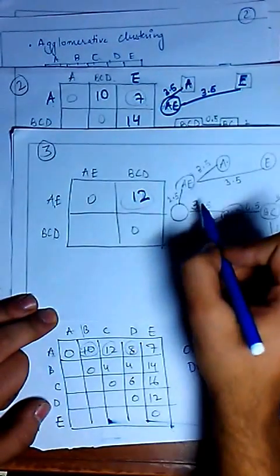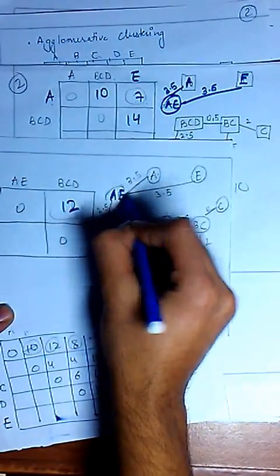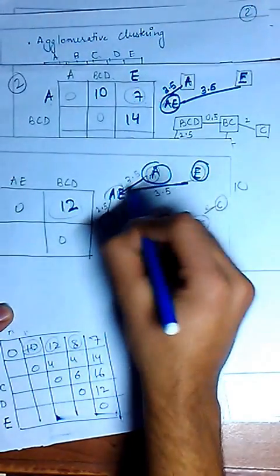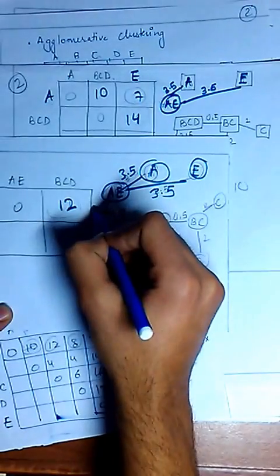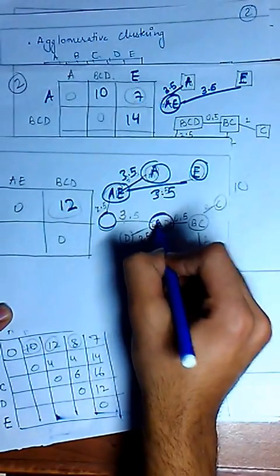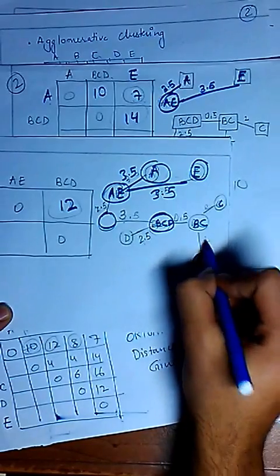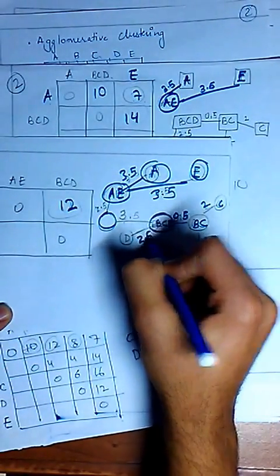These two clusters, and the tree is obtained. Here we have combined, this was 3.5, and this is BCD, BC, C, B, 2.5, 2.5.